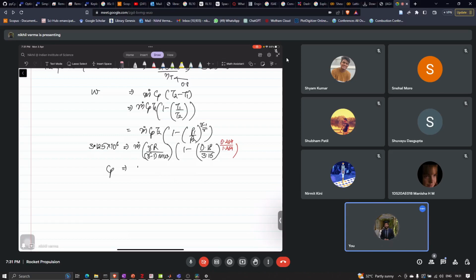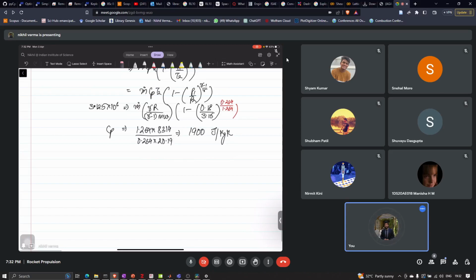This is 1.264 times 8314 divided by 0.264 into 20.19. So if you calculate this, you will get the value around 1900 joule per kg Kelvin.